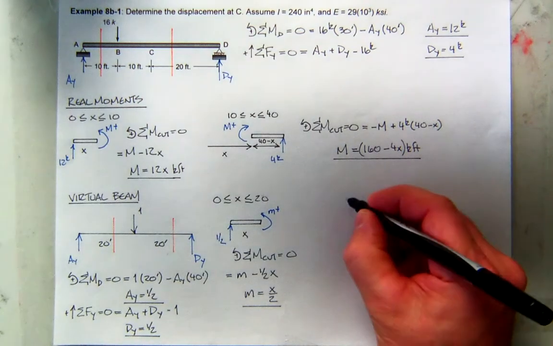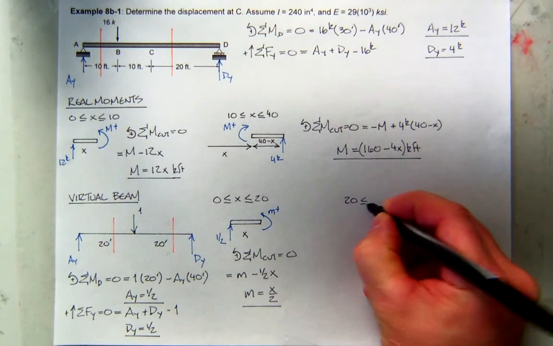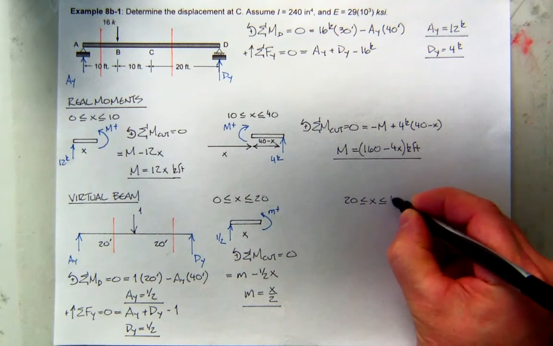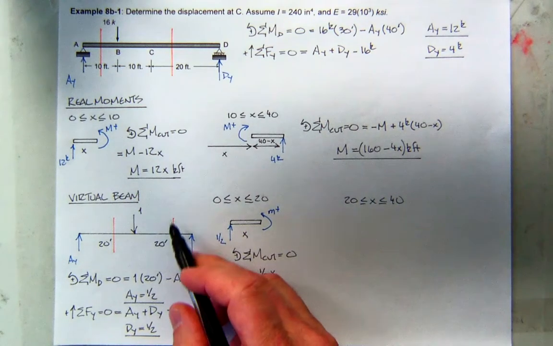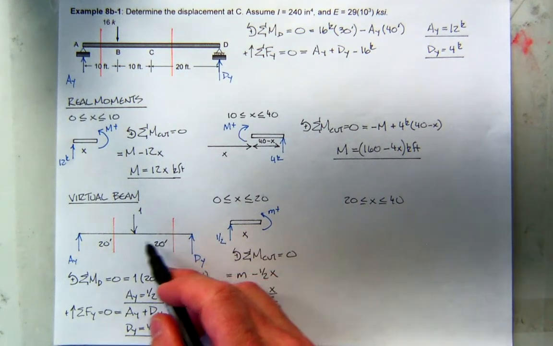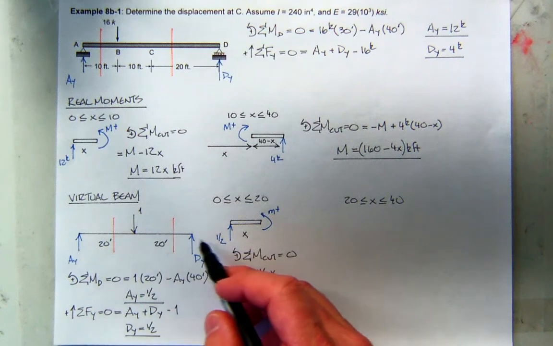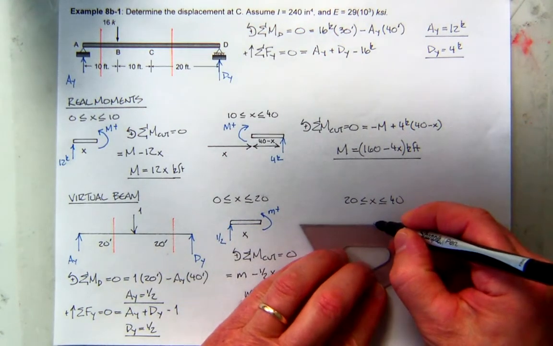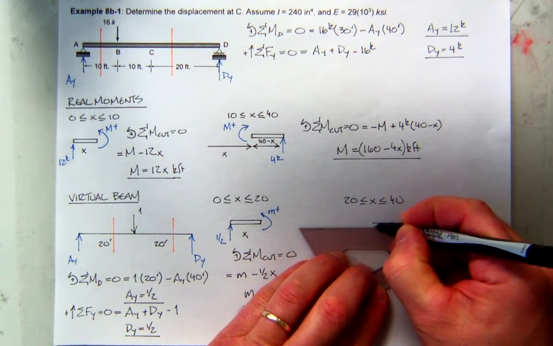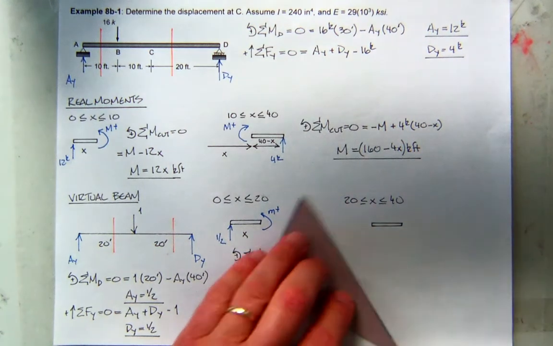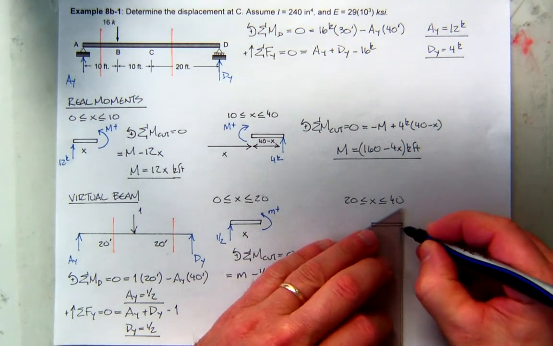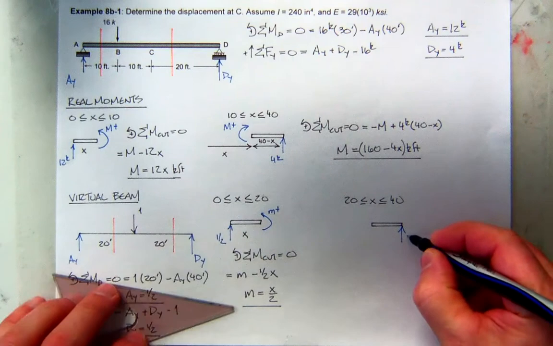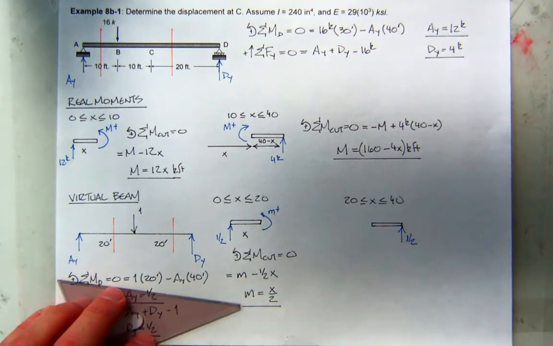So the next one would be between 20 and 40. That's this line. I'm cutting here. Again, you can work the whole left side or the whole right side. Looks like the whole right side is a little easier. So I'll do that. So there's the right-hand segment with dy. dy is 1/2.